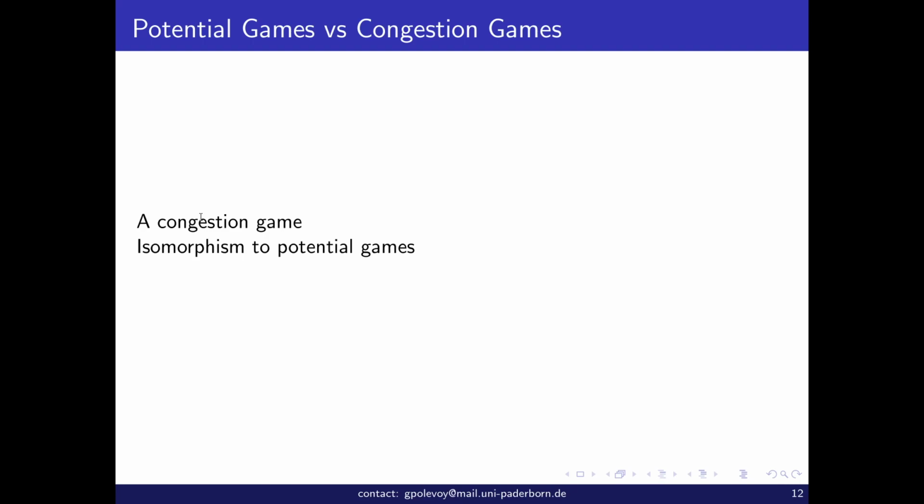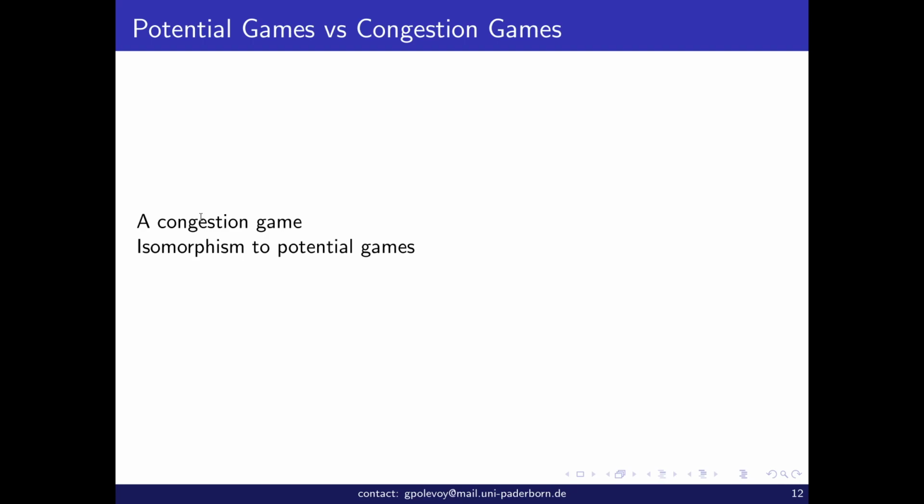Another important class of games is congestion games, which, unlike potential games, are defined in a practical manner. So we have a set of resources, and a player's strategy has to be some subset of resources. For example, the resources are roads, and the player has to choose a path from one point to another point on the graph.